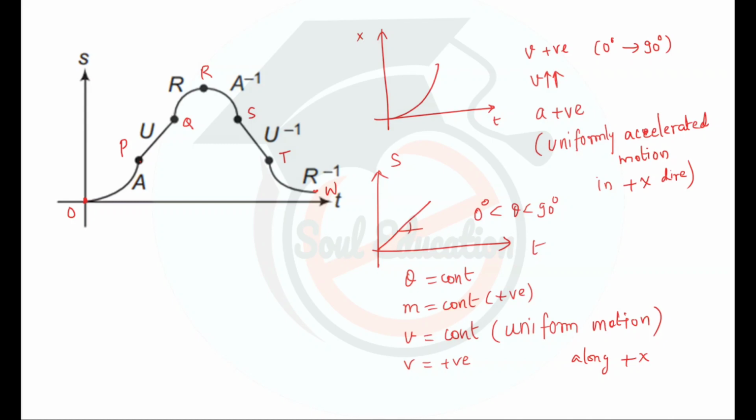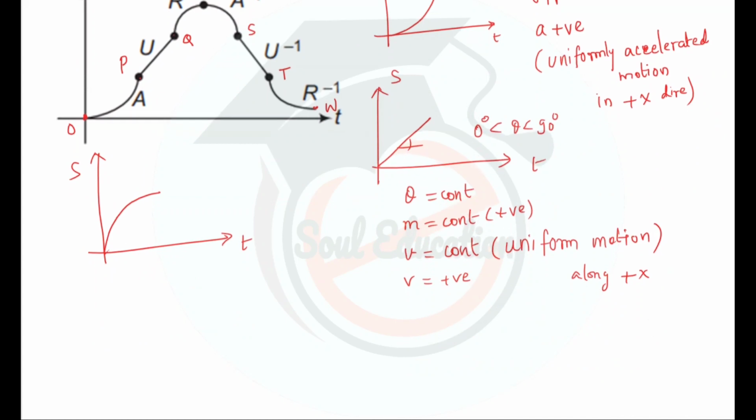Okay, next Q to R. How is my ST graph? So this is my ST graph. Initially it is a vertical line.